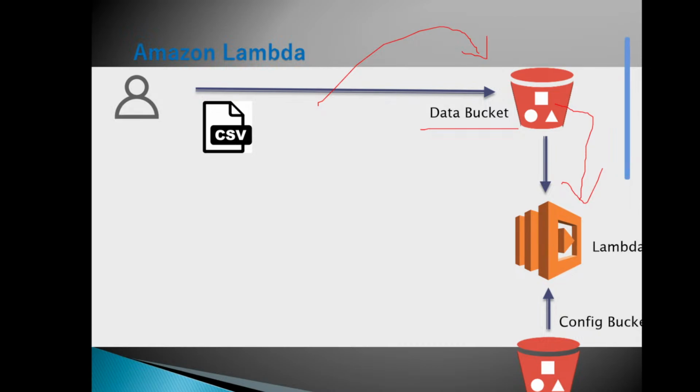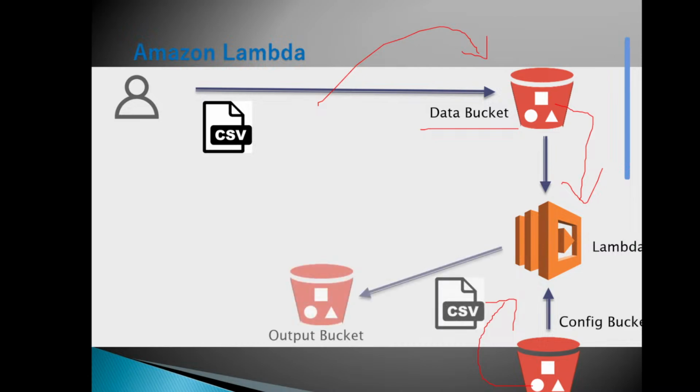Okay, as soon as the Lambda is triggered, it will get the file name, which file needs to be processed, and it will pick up the config file for that particular client, which has the details about the columns that need to be deleted, and Lambda will delete those columns and put the file into the S3 bucket, that is the output bucket.